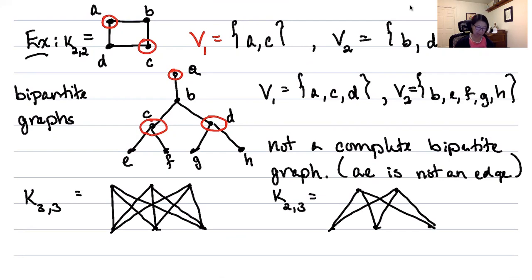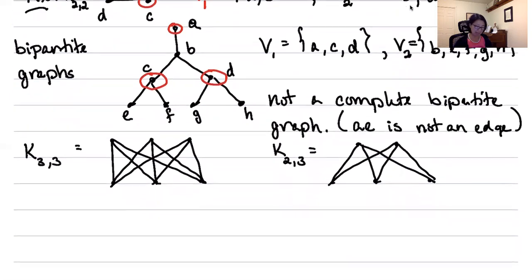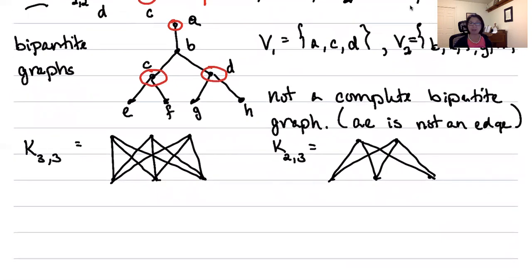All right. And one way to tell that a graph is bipartite is the following.